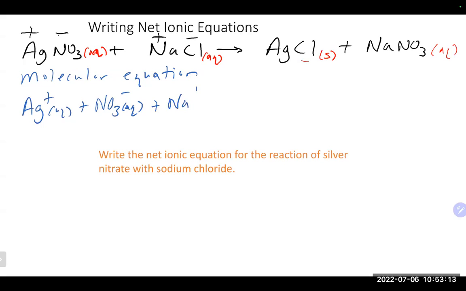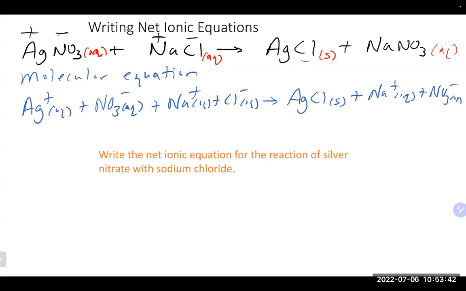We'll have a sodium ion and a chloride ion, as it is a strong electrolyte and will break apart. Should I break apart the silver chloride? I should not, because it is a solid, so it will stay together. The sodium nitrate is a strong electrolyte, so it will break apart into a sodium ion and a nitrate ion here.